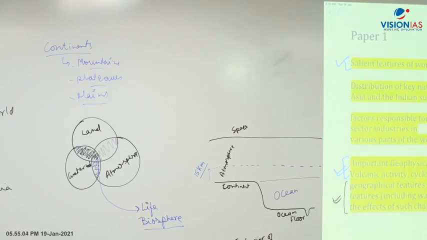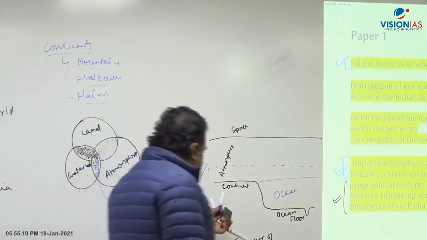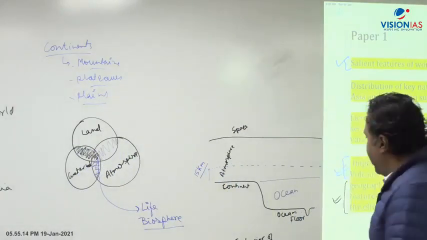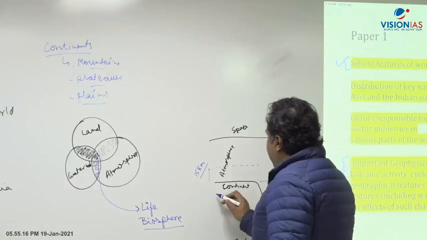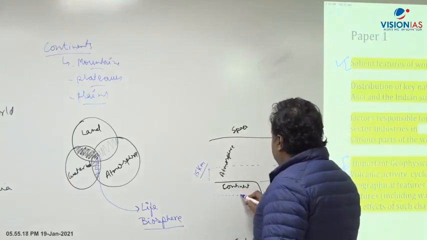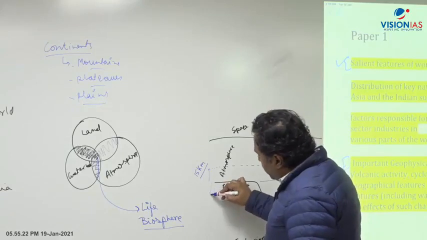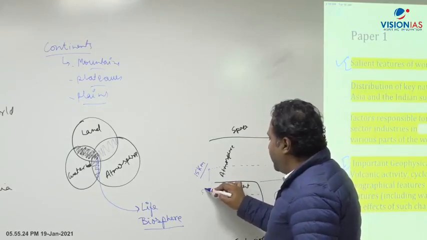And when you go down, when you come to the continent, on the land, up to what depth do you think we have found life? The general microbes we have found up to a depth of, let's say, 5 kilometers.